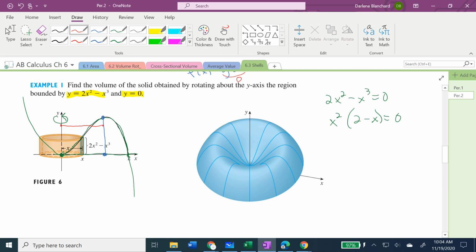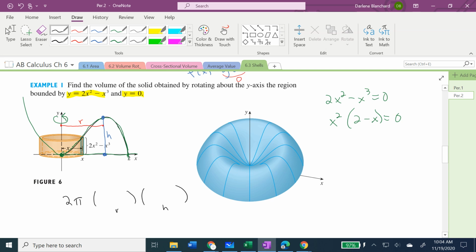And by the way, when I drew that blue rectangle, I was thinking parallel to the axis of rotation. So I've got radius and height. Then the formula is 2 pi r h for the integrand.